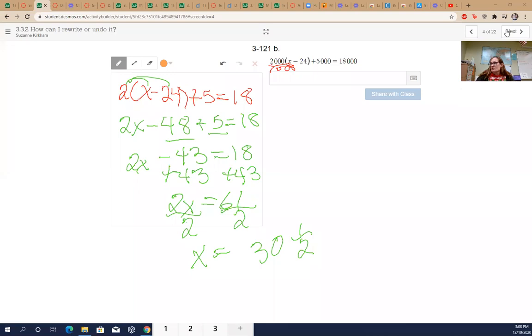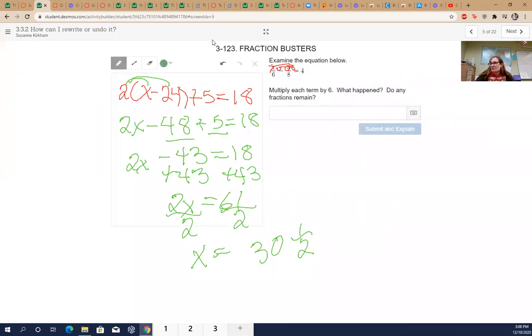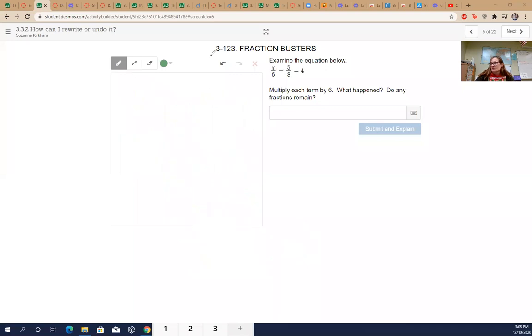All right, so let's go to page 5. Page 5 says, examine the equation below. Multiply each term by 6. What happened? Do any fractions remain? Okay, so we're going to multiply each of the fractions by 6. So the first one is x over 6 minus 5 over 8 equals 4.